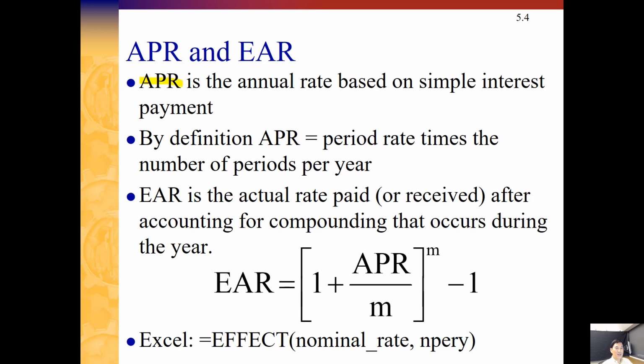So APR is the annual percentage rate based on simple interest payment. So in other words, this doesn't consider the compounding effect. So by definition, APR is equal to the period rate times the number of periods per year, because it is simply the annual percentage rate. And EAR, or effective annual rate, is the actual rate of return paid or received after accounting for the compounding effect.